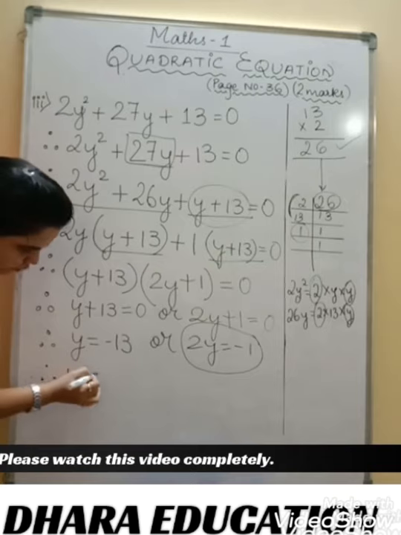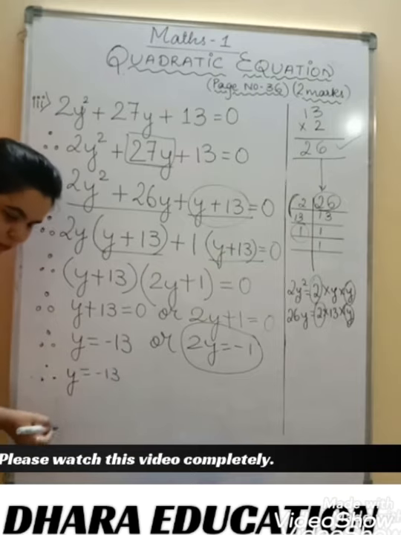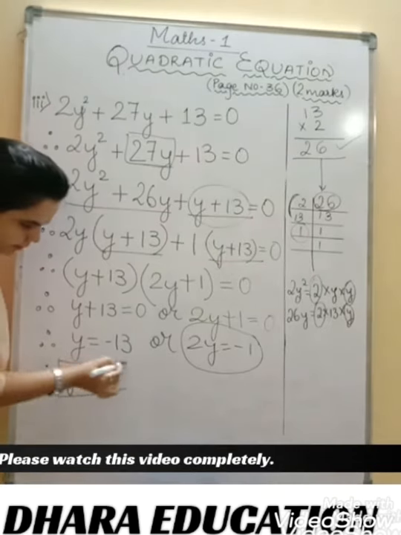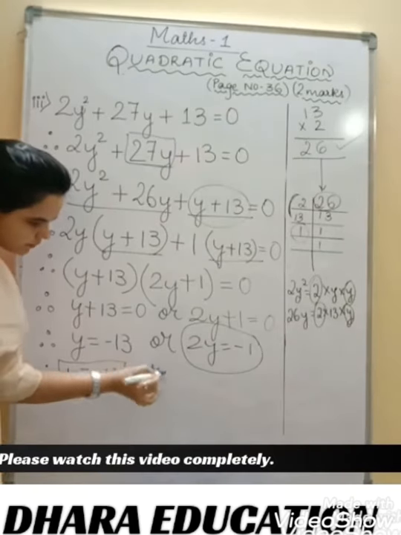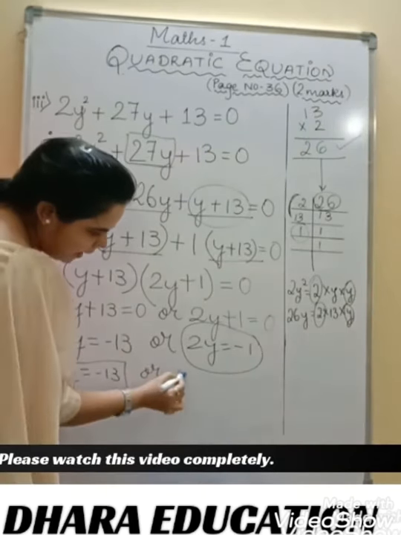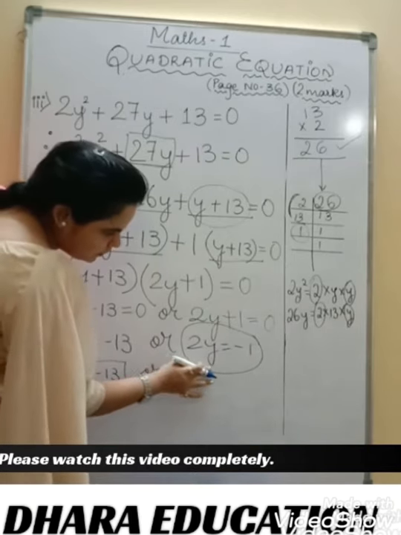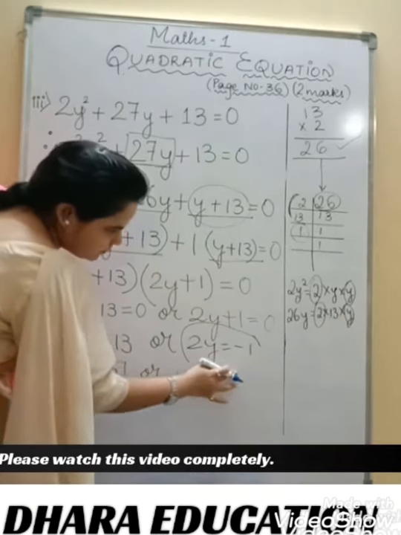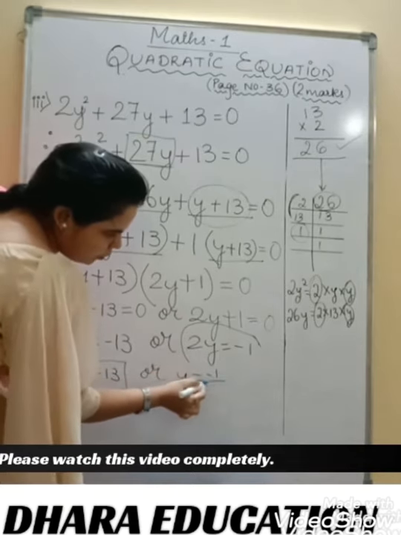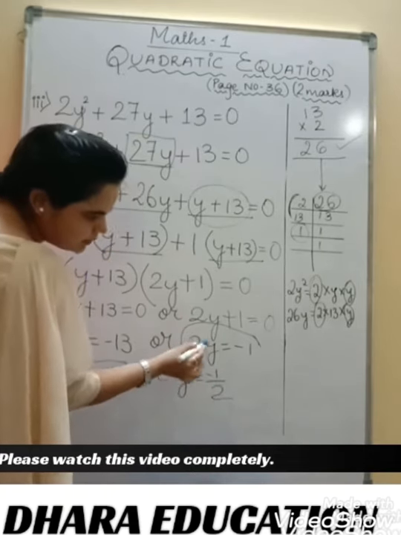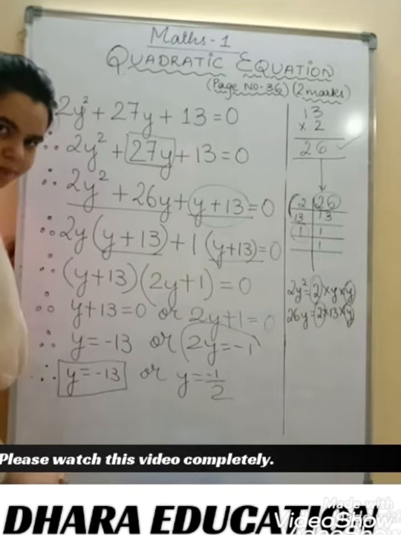y is equal to minus 13, as it is we have to write here, or y is equal to minus 1, just a moment, upon 2, because it is in multiplication with 2y.